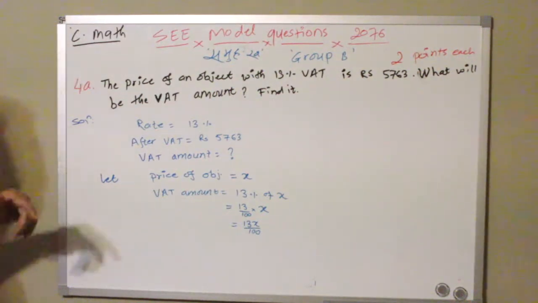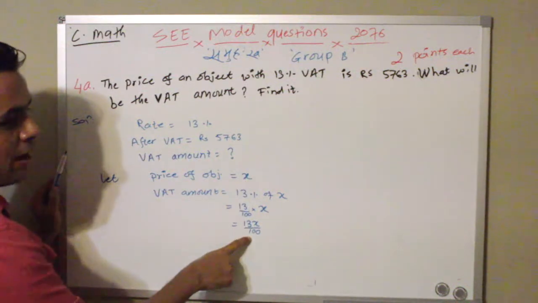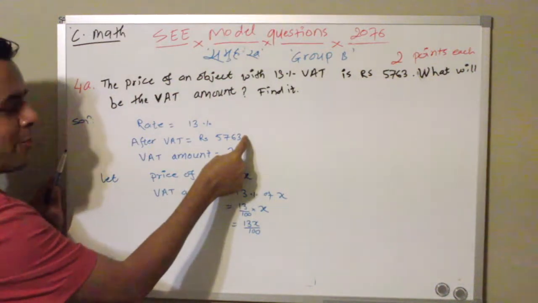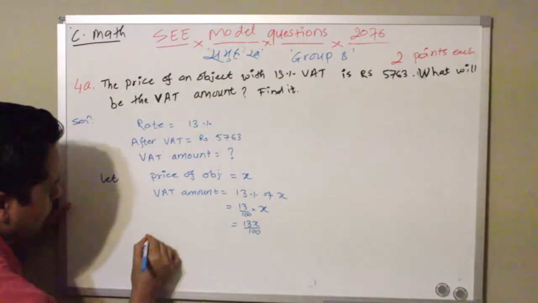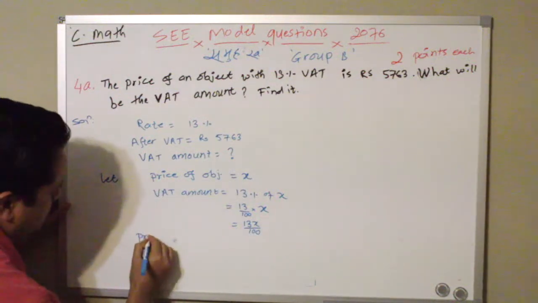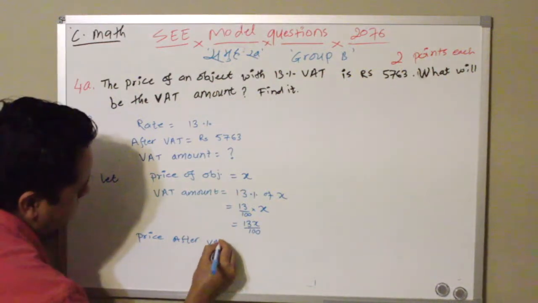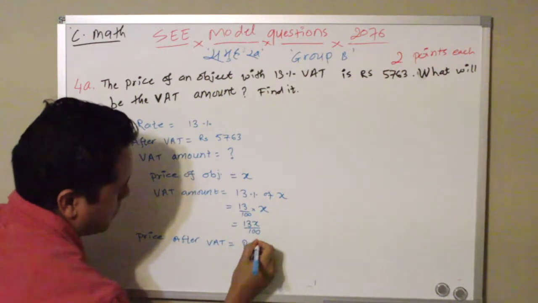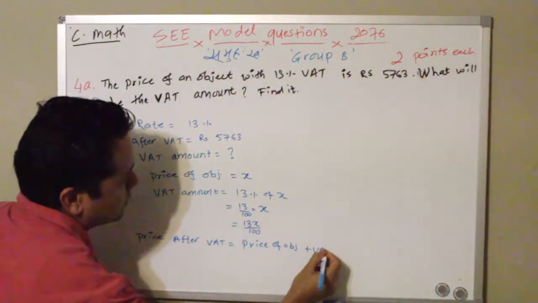Okay, but look at here. We know the price of the object. We know the VAT amount. If I sum them up, I should get this, correct? So, you know that the price after VAT equals the price of an object plus VAT, not VAT rate, right?